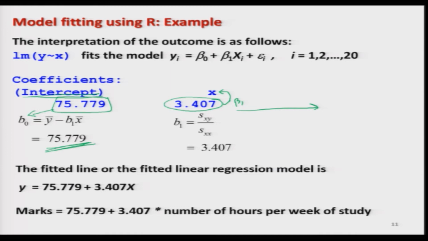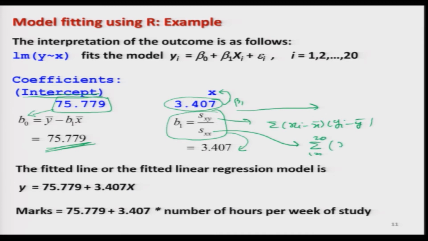Okay. So the value of beta 1 that you obtained after estimating by the estimator, B1 is equal to Sxy upon Sxx, comes out to be 3.407. So if I give you the option to compute Sxy as summation of xi minus x bar times yi minus y bar, and Sxx as summation, i goes from 1 to 20, of xi minus x bar whole square, then if you take the ratio of the two, this value will come to be 3.407.